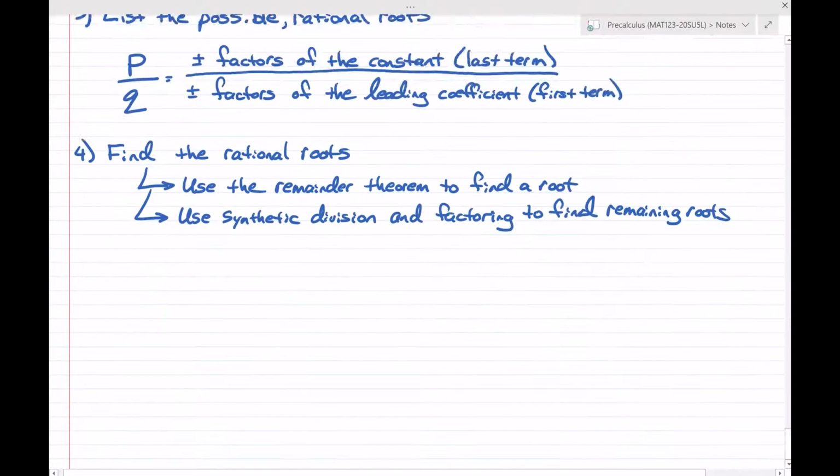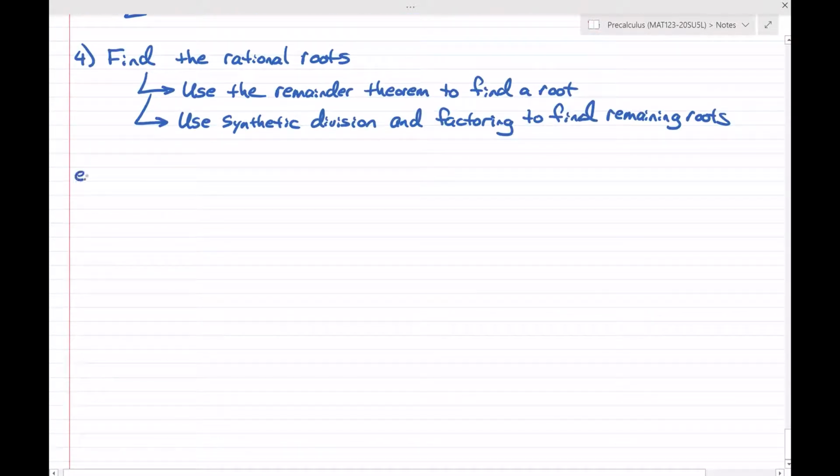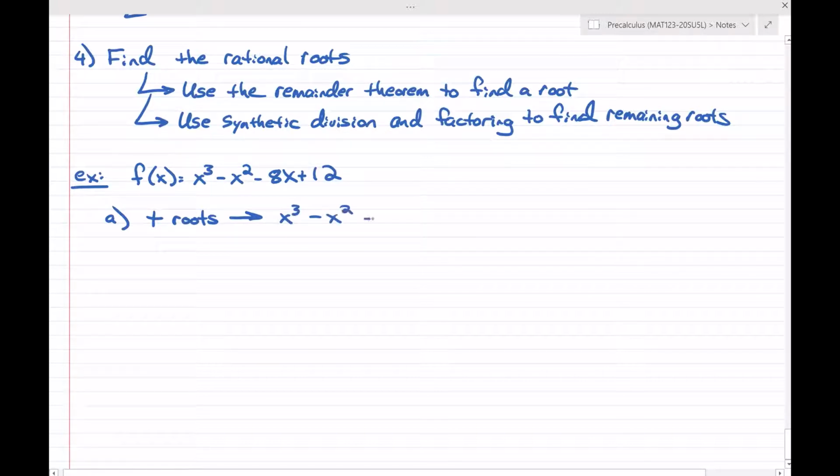So let's take a look at an example. We'll go through all 4 steps. Let's say f of x is equal to x to the third minus x squared minus 8x plus 12. Our first step is we list the possible number of positive roots. So look at your sign changes. X to the third minus x squared minus 8x plus 12.